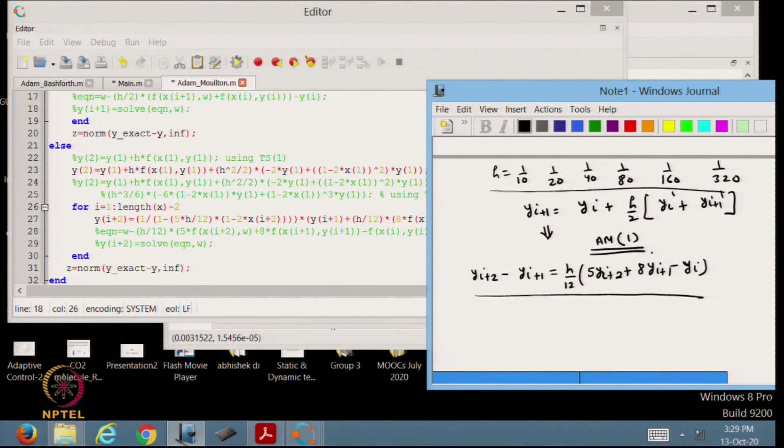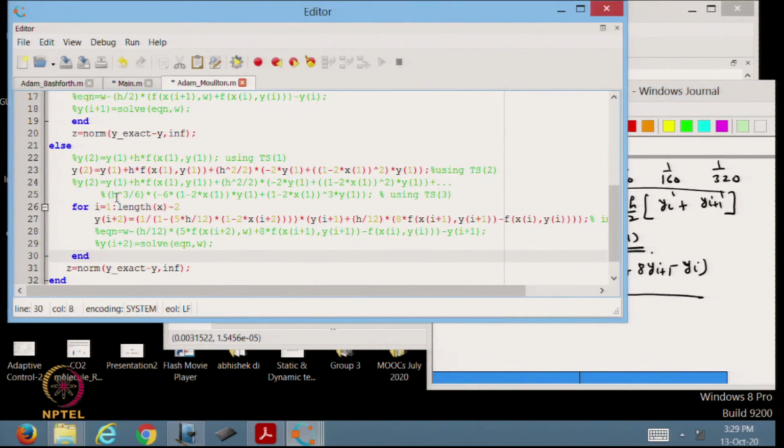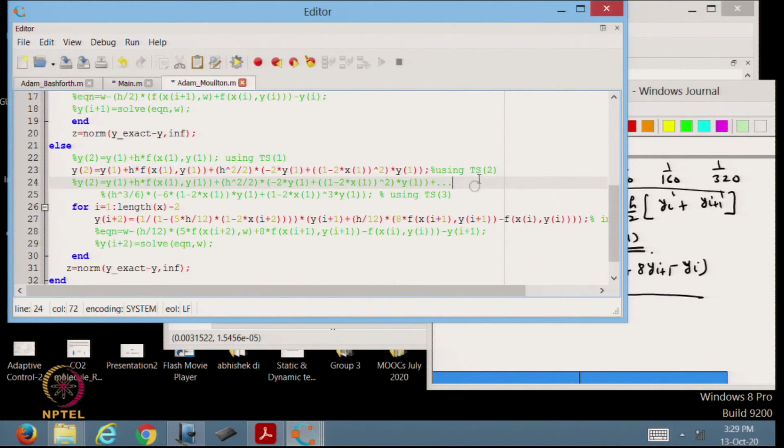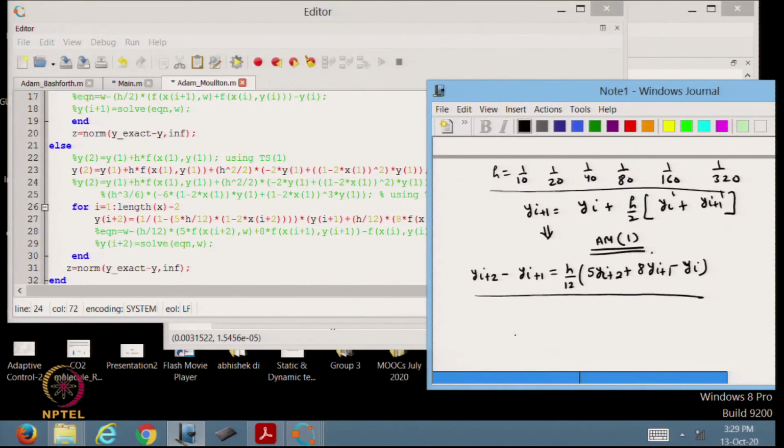So, this is again not a single step method, this is also a two step method. So, first we have to compute y2. That y2 we are predicting with the help of the TS2 method, Taylor series method of order 2, which we have also mentioned in the commented part. So, we have implemented the algorithm for TS2 as well to predict y2, because y2 corresponds to basically y1 if we start from y0 initial conditions.